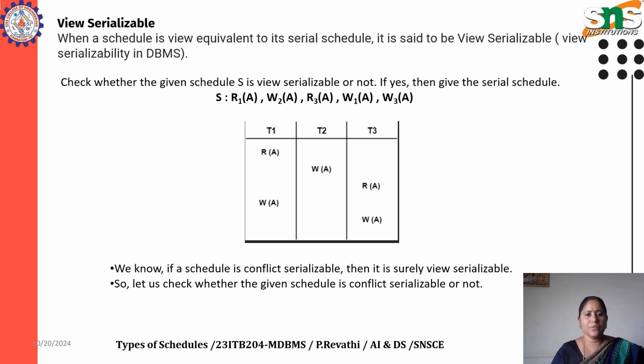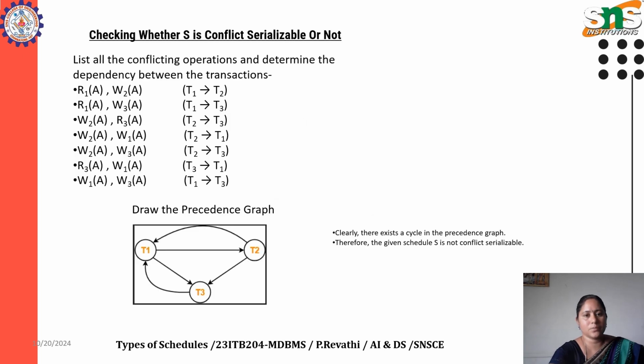We know if a schedule is conflict serializable, then it is surely view serializable. So let us check whether the given schedule is conflict serializable or not. List all the conflicting operations and determine the dependency between the transactions.